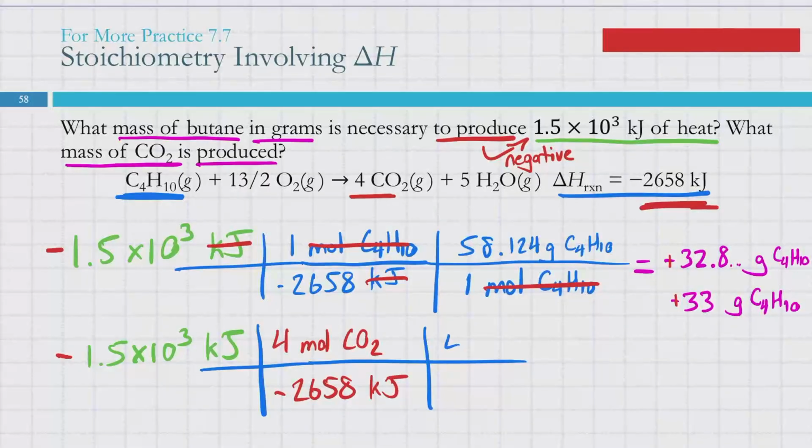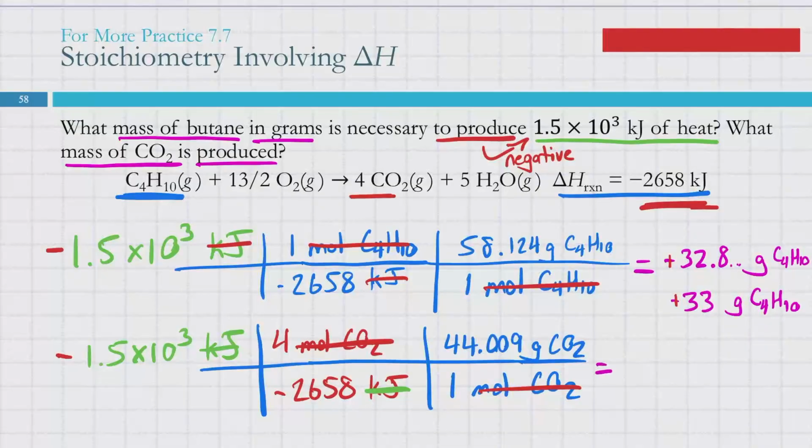And we'll have a molar mass of 44.009 for our CO2. Mole CO2 cancels, kilojoules also cancels. We put numbers into the calculator. We should get out 99 grams after we round.